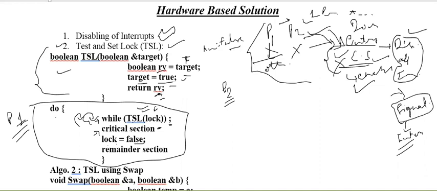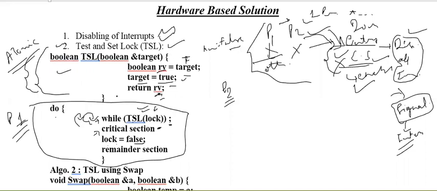Now here, for one thing you should be pretty sure that this particular thing will be run in atomic mode. Now, what is atomicity here? Atomicity means that at one instance of time, only one process will access this thing.